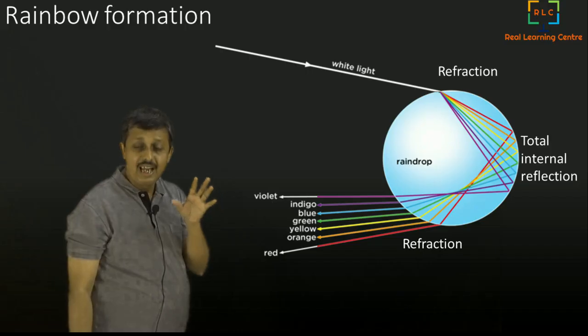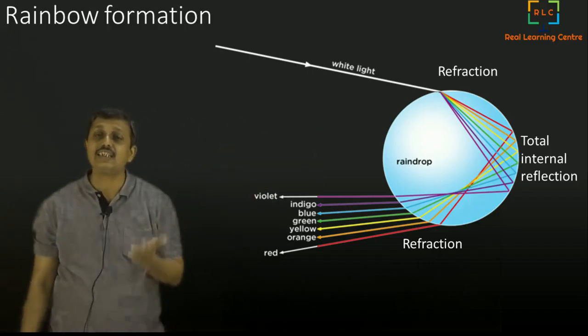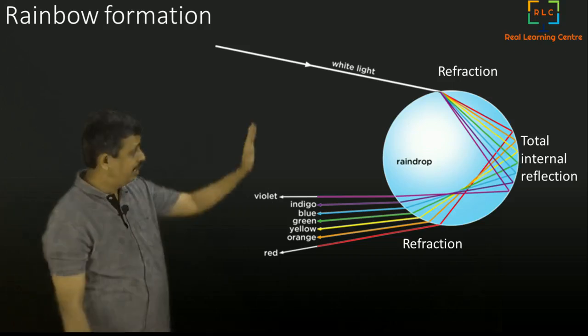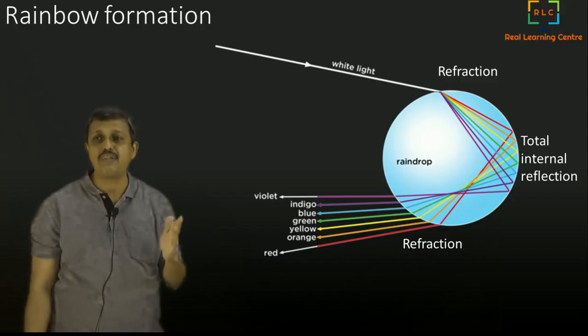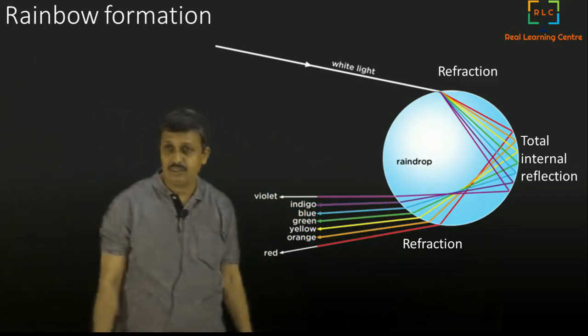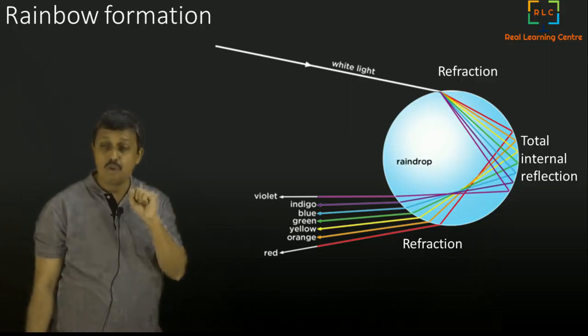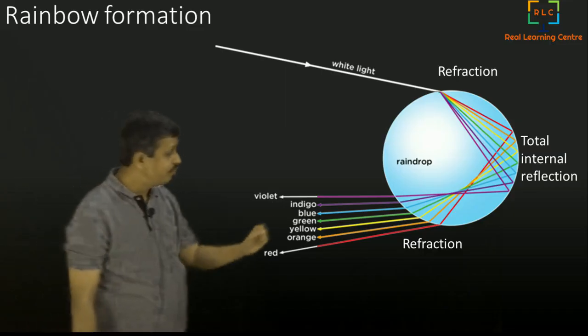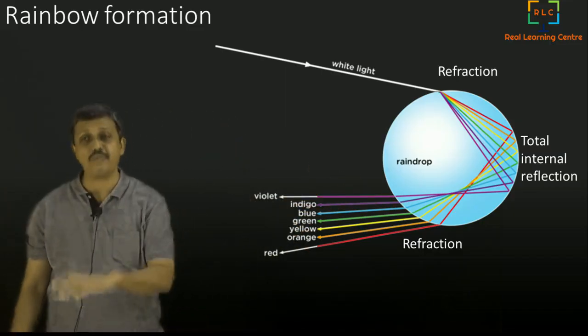When that happens, the white light enters inside. When it enters, it is going from a rarer medium to a denser medium, so it simply goes through a simple refraction. Then when it hits the other side of the droplet, it is going from water to air, which is going from denser to rarer medium.